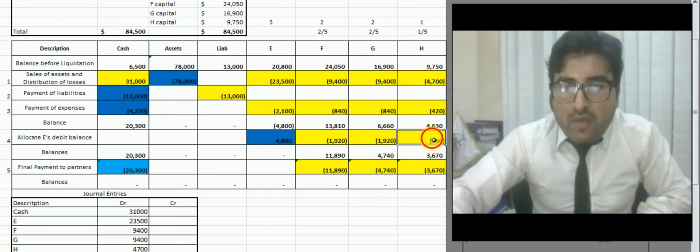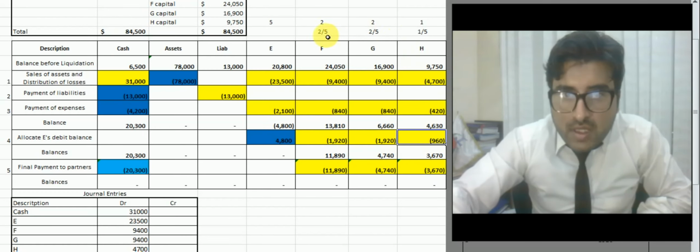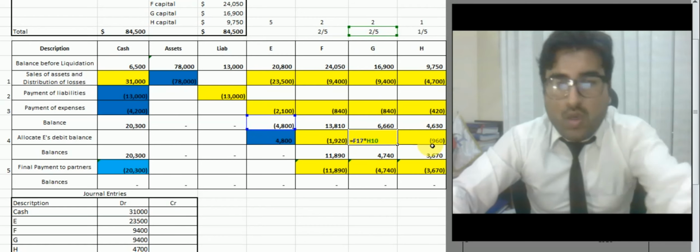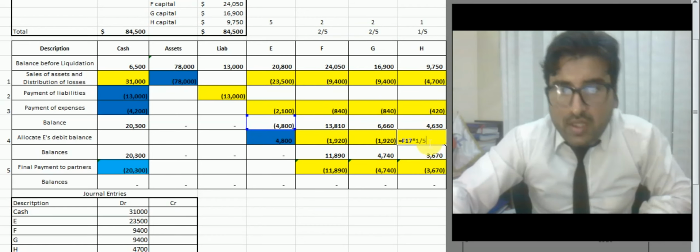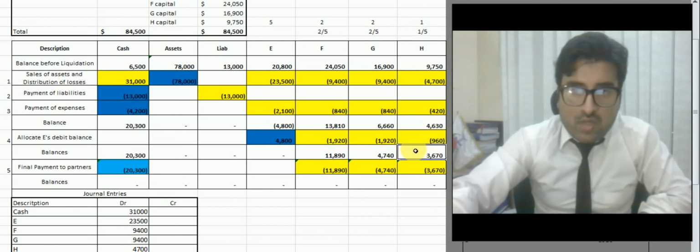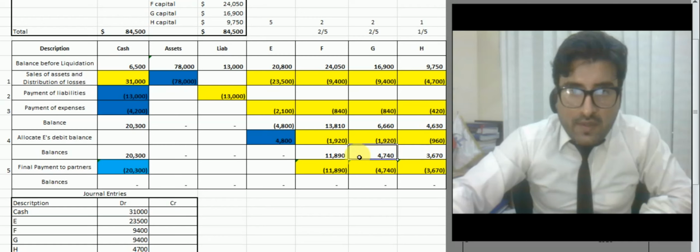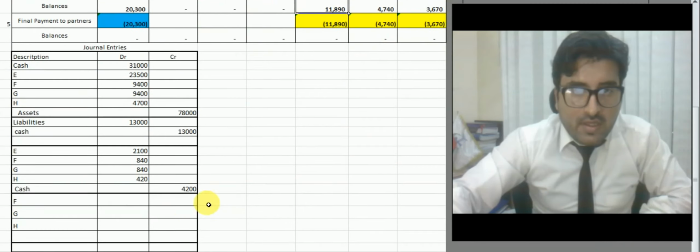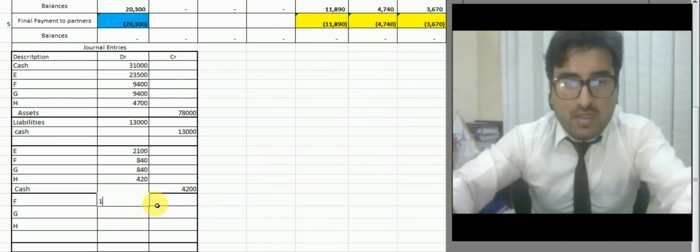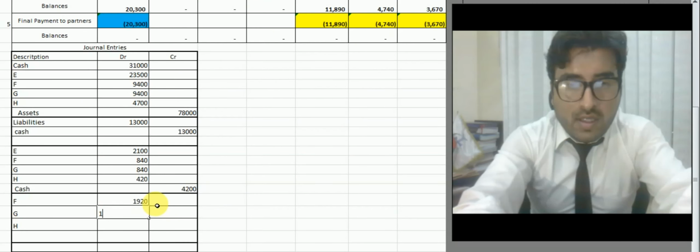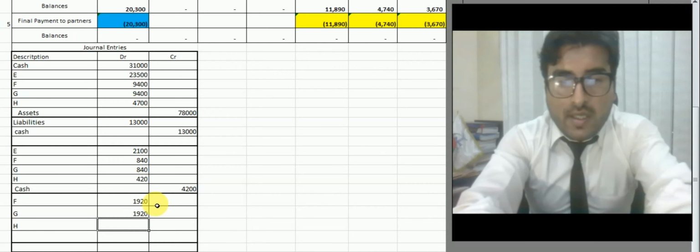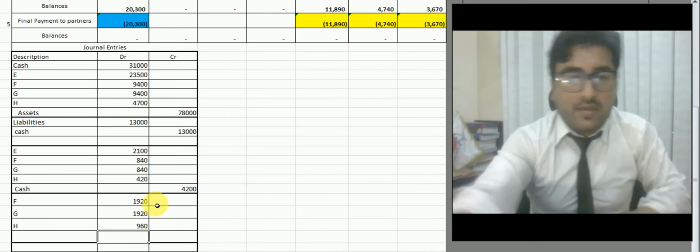Why 1 over 5? The reason is that here is 2 over 5, and here is 1 over 5, so that is why we made the mistake, so correct it, okay. So it means these three values FGH debited, right? 1920, 1920 and 960, okay.